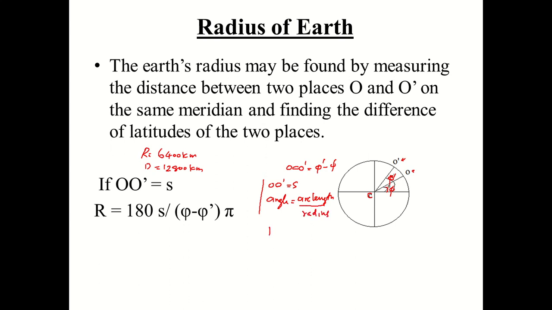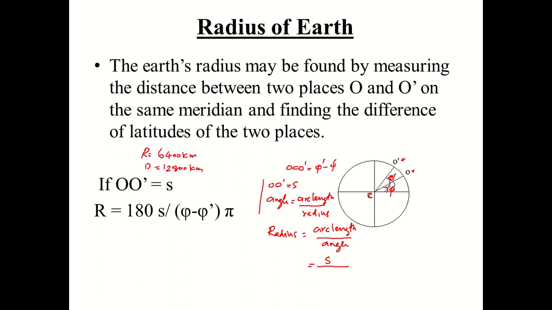So from this expression the radius can be written as: radius is equal to arc length divided by the angle, which is equal to S, the arc length OO prime, divided by the angle.